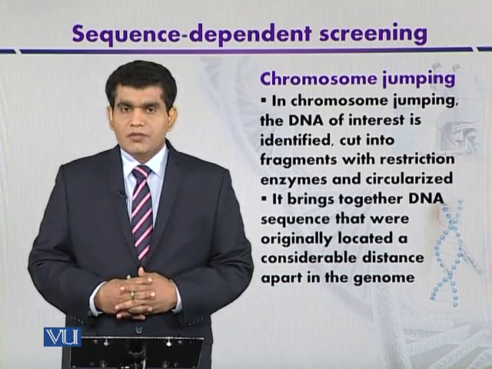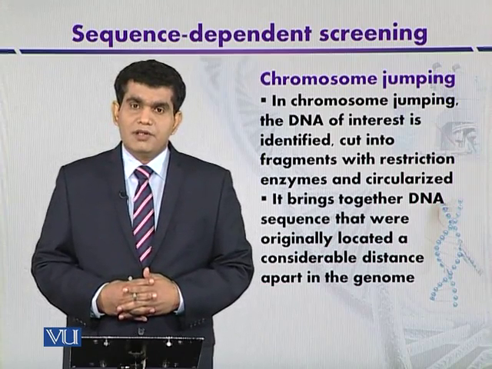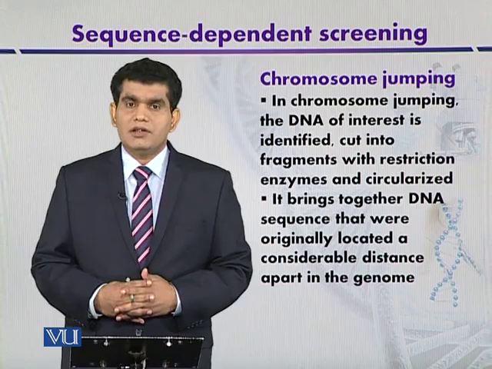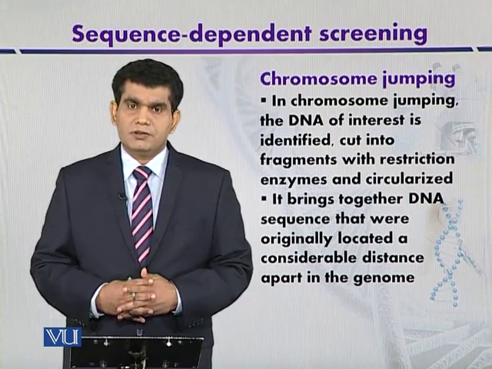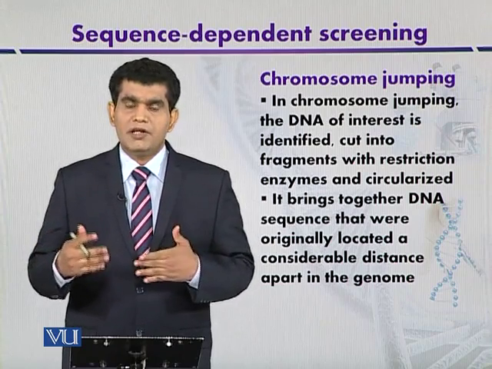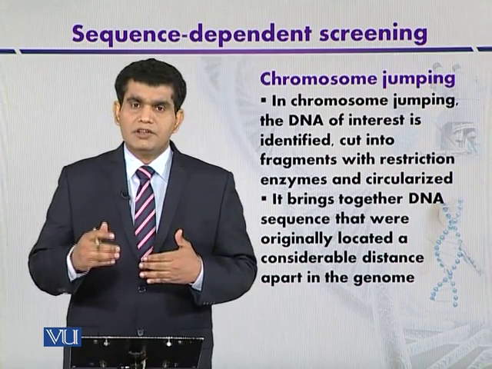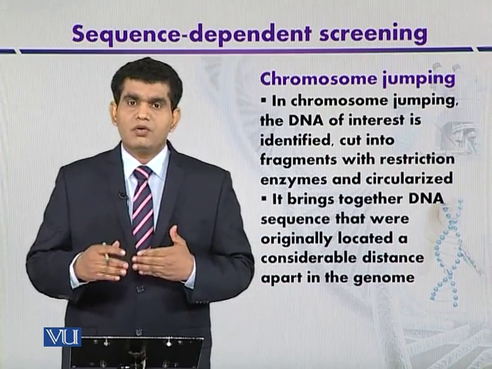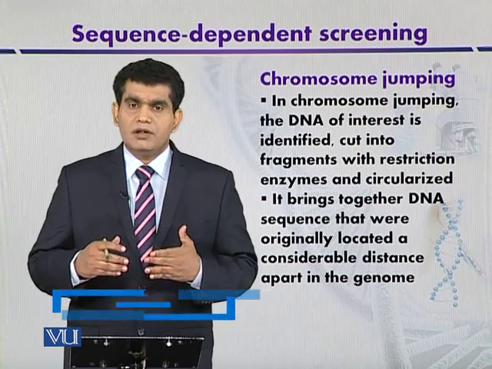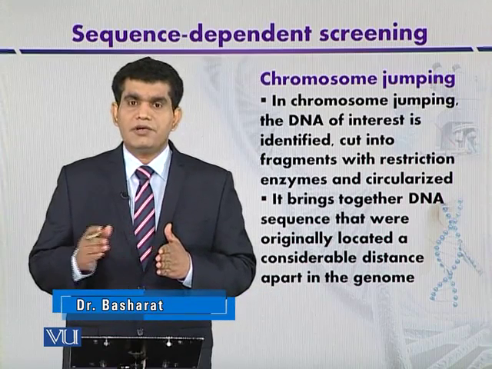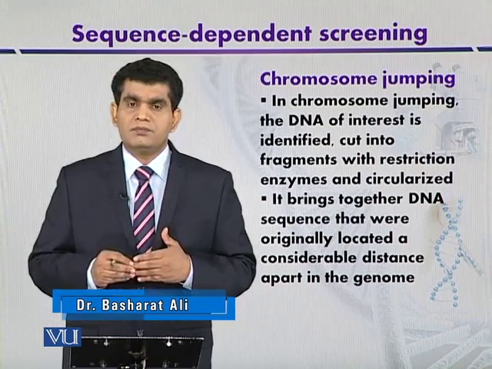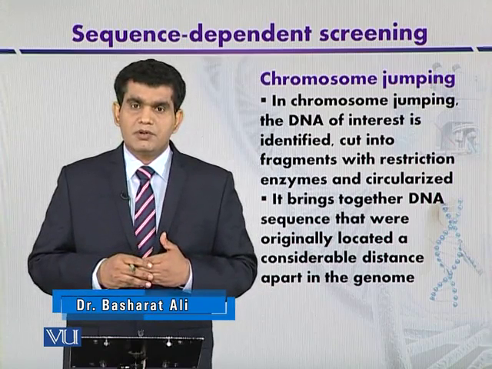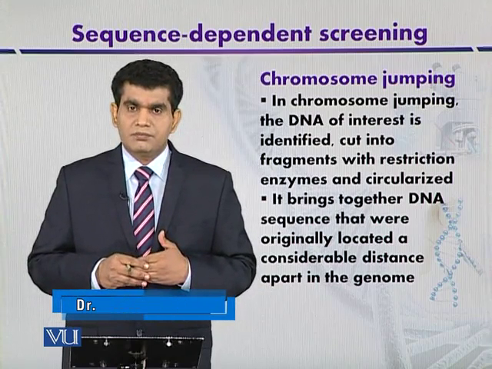For example, in the construction of jumping libraries, the genomic DNA can be digested with a suitable enzyme, and here the NotI enzyme can be used. NotI is an enzyme that can target rare sites, so that the DNA fragments that are produced are very large.